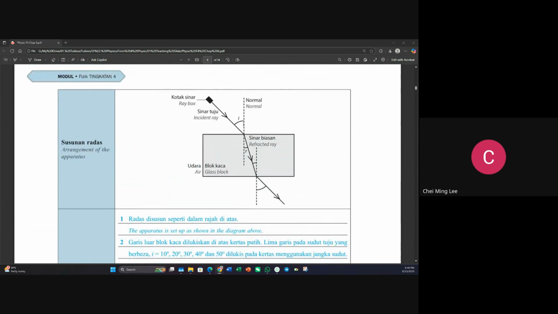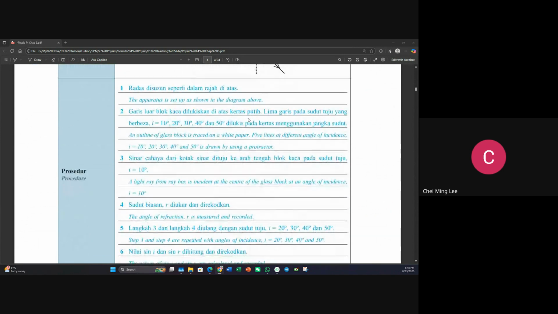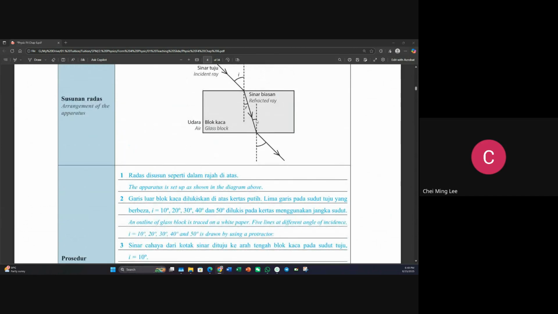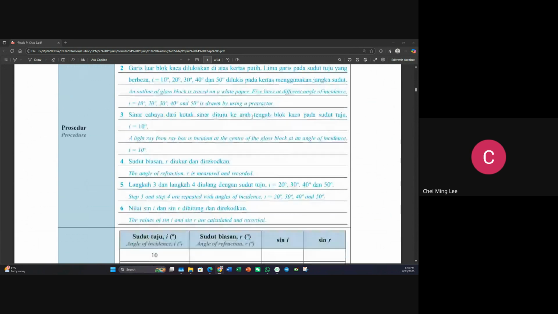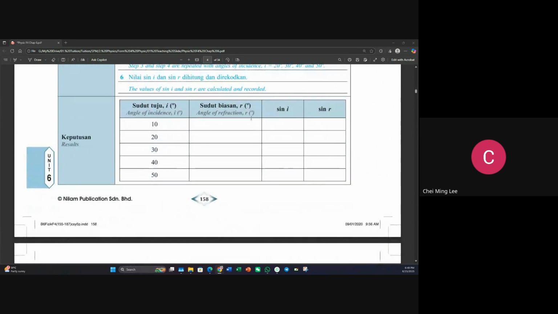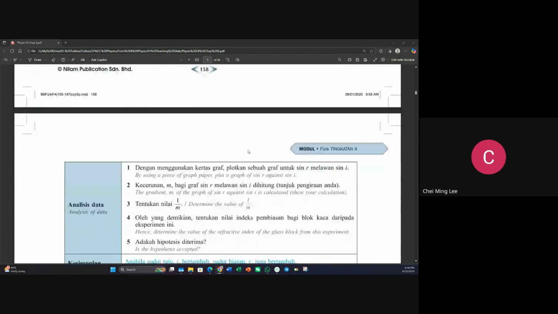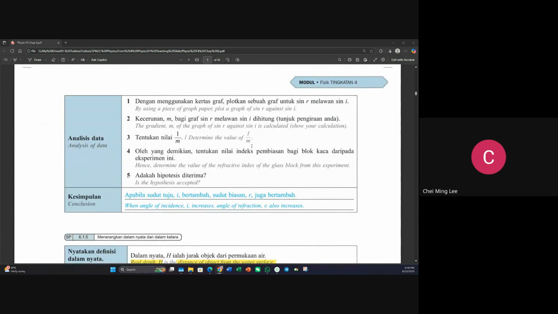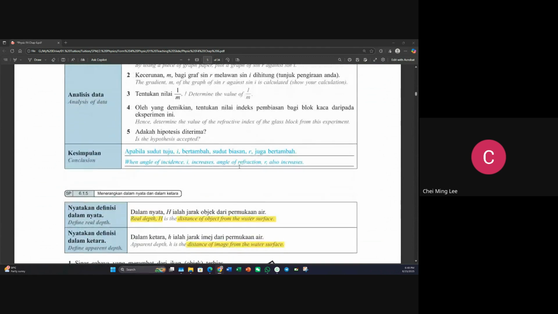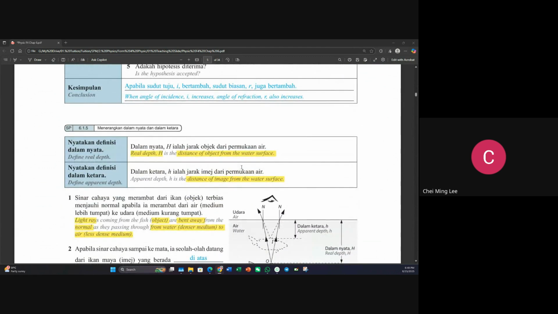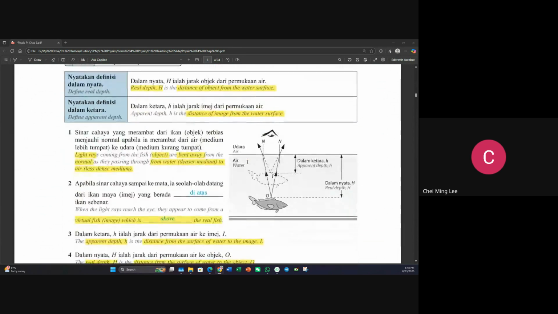You start with i equals maybe 10, 20, 30, 40, and 50. Then you try to measure the r. All right, let's see the next one.